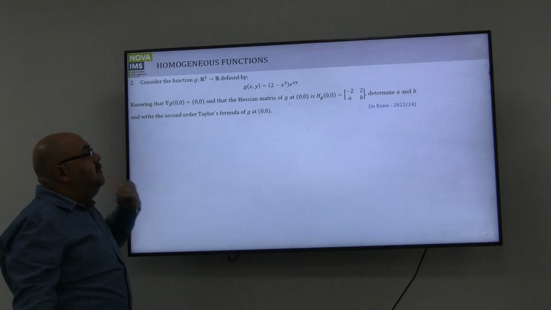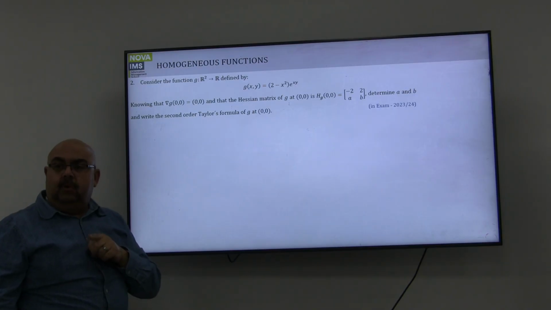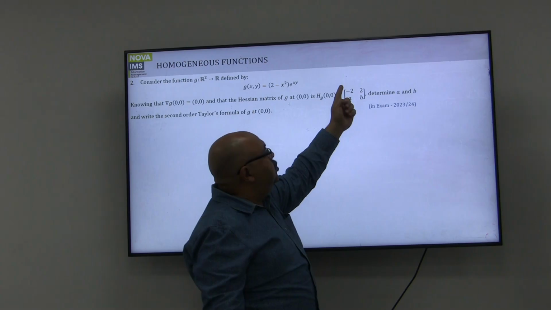And that the Hessian matrix, do you remember what the Hessian matrix is, Mr. Karim? It is partial 2g partial x squared.